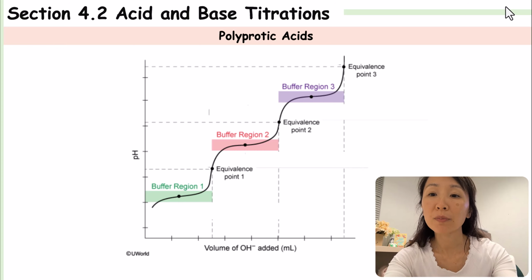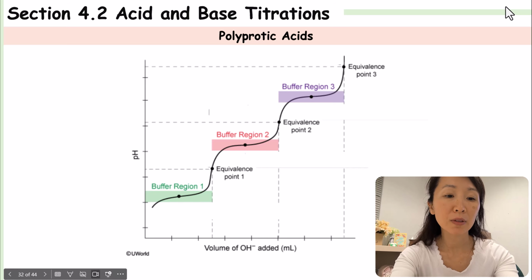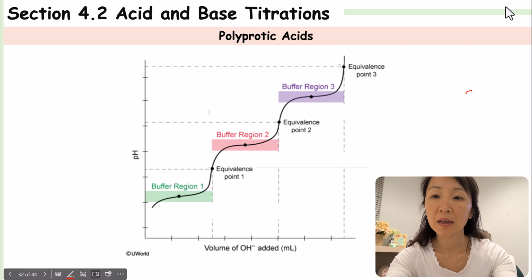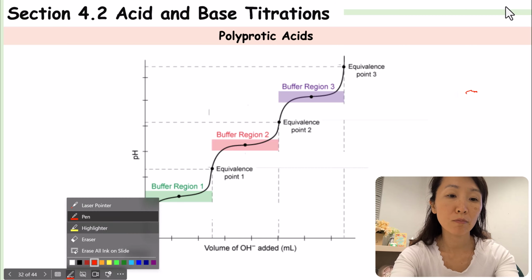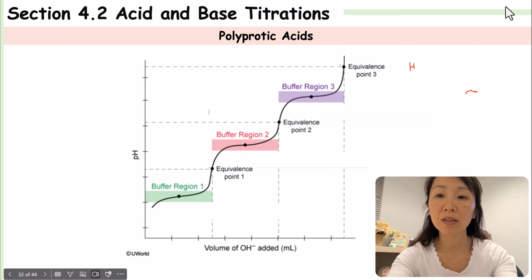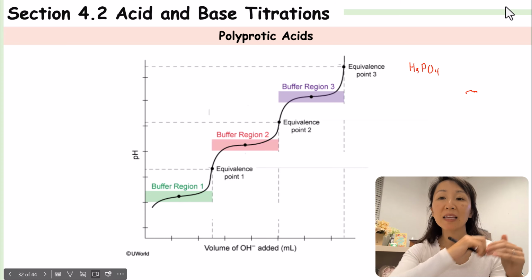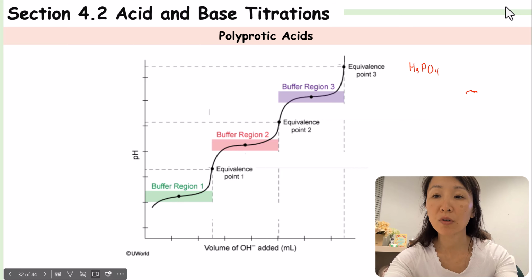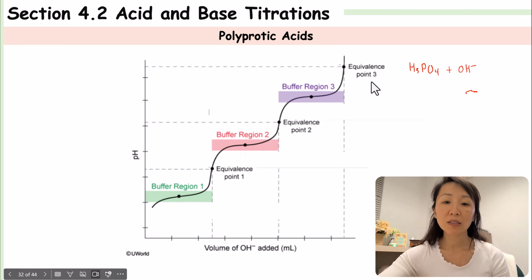So phosphoric acid looks like this. It's H3PO4, and we're going to titrate that H3PO4 with a strong base, which is the OH minus. Okay, so that's what's going on here.